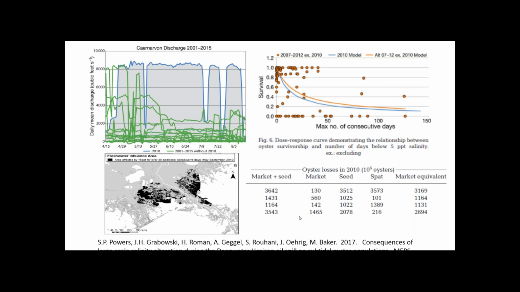The oyster losses numbered in the billions over normal periods of time, and this is because of the persistent, very low levels of salinity that occurred in the upper Barataria Bay and also the Breton Sound Black Bay area for a very long period of time. That's the Powers et al. paper in 2017 that documented this.